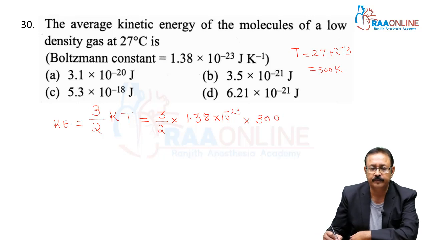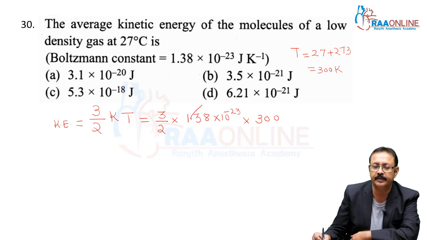So now cancel, remove this decimal with these two zeros. Cancelling 138 with 2. 2 6s are 12, 2 9s are 18. 3 into 3, 9, because table of 9 is easy. So 9 into 69 into 10 to the power minus 23.